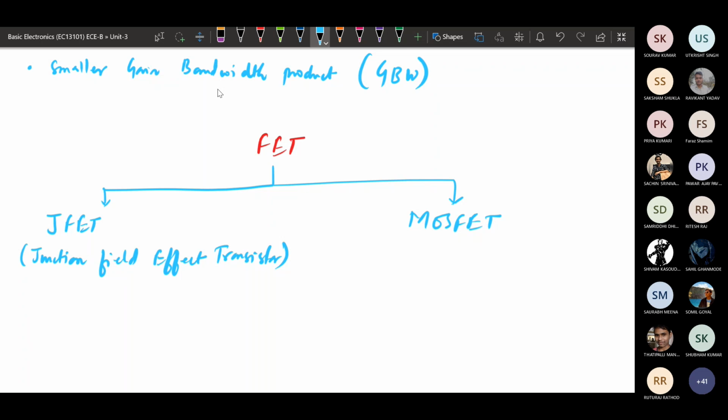So we have just considered two types, because these two topics we will be going through in this course. One is JFET, the junction field effect transistor. Another one is MOSFET, which is metal oxide semiconductor.